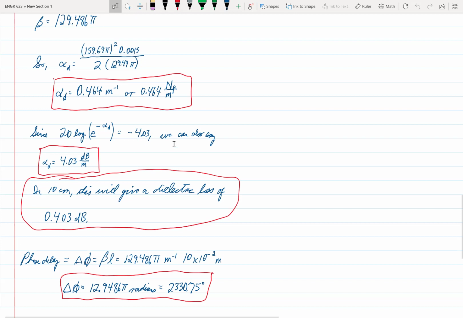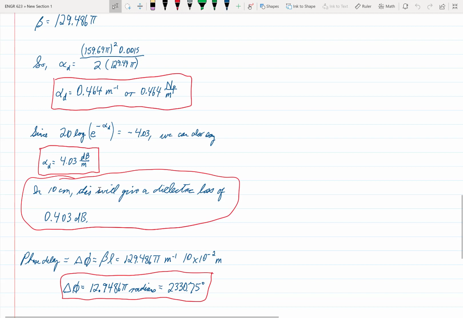So we can say that alpha d is 4.03 dB per meter. Note that we're not taking 20 log of this number right here, the 0.464, but we're instead taking 20 log of e raised to that number. So just note that.